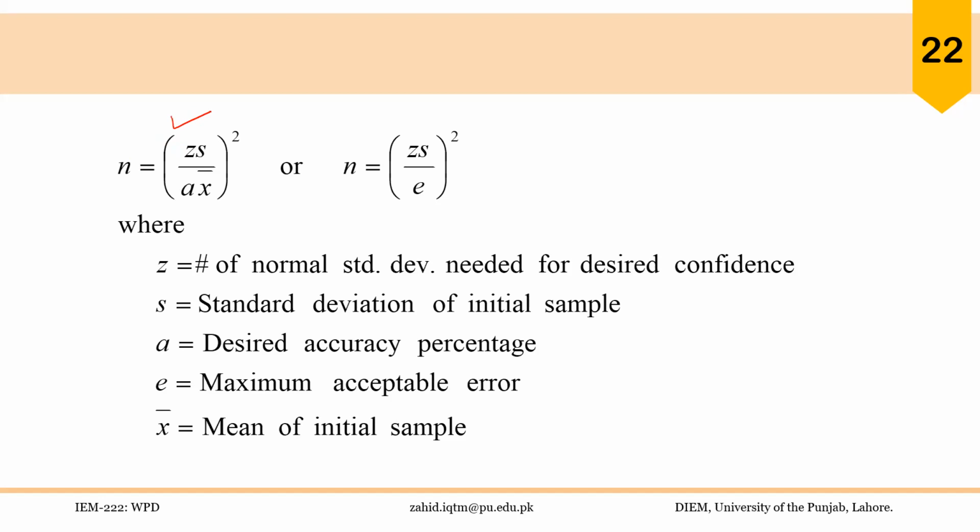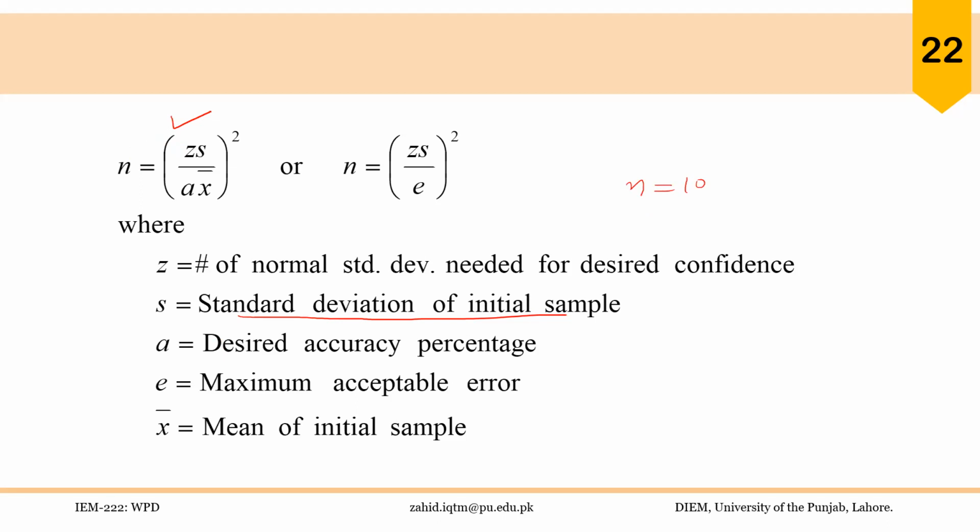This Z is coming from the Z distribution. S is the standard deviation of the initial sample. Say you took 10 initial readings, there would be some standard deviation from that. That is S. A is the desired accuracy as a percentage.